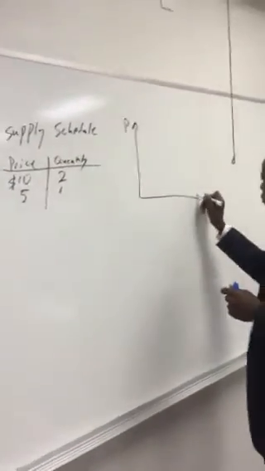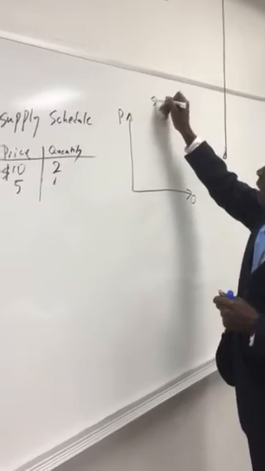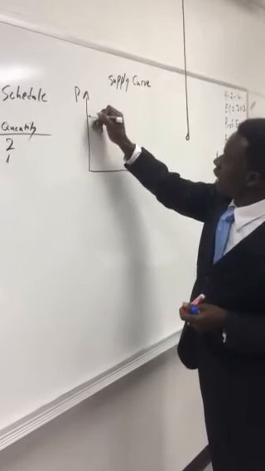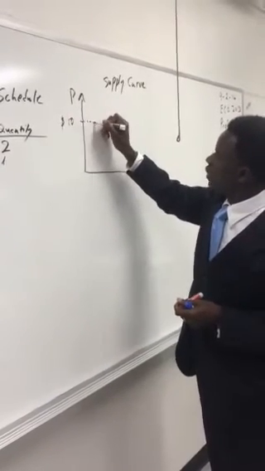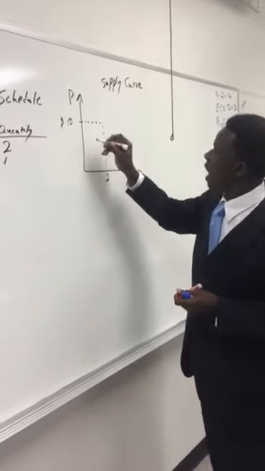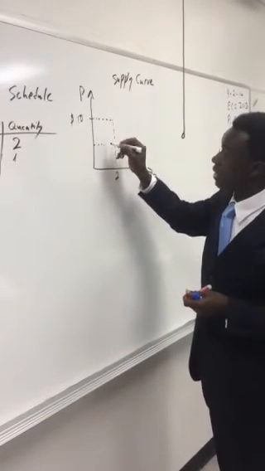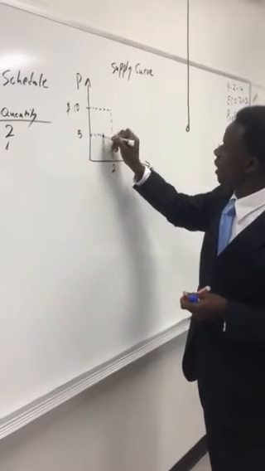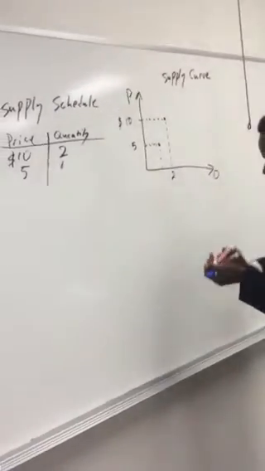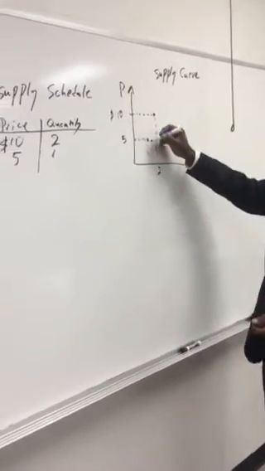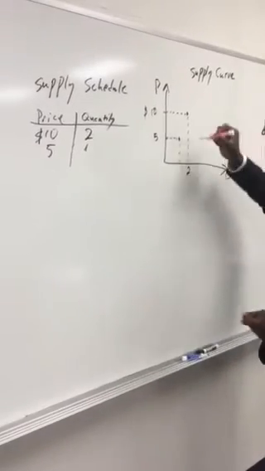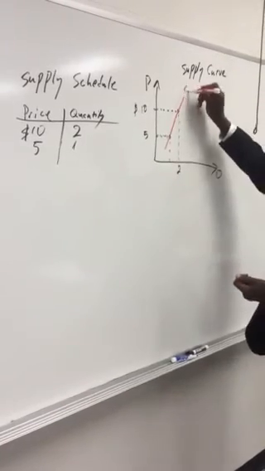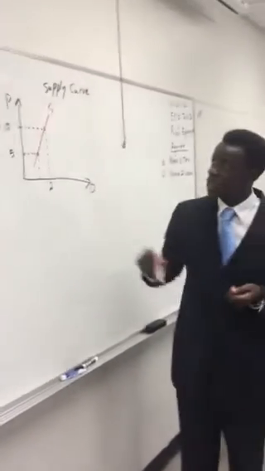Now let's put this on a supply curve. We have price and quantity. At $10, the quantity supplied is 2, and at $5, the quantity supplied is 1. Let's connect the dots. This is the supply curve.